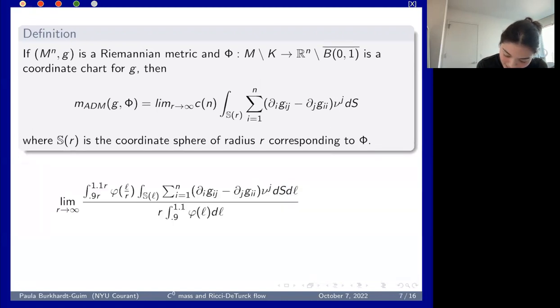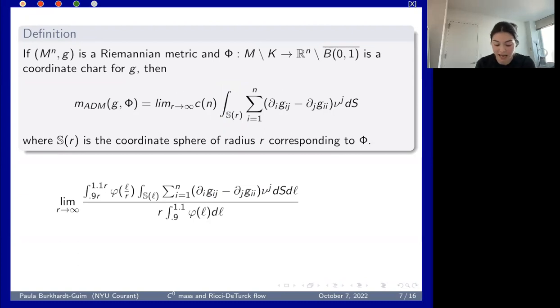Towards making sense of the ADM mass for metrics that only have C0 data, let me make the following observation. Here in the definition of ADM mass, I'm integrating over a single coordinate sphere. But I could just as easily integrate over a family of coordinate spheres weighted by a test function.